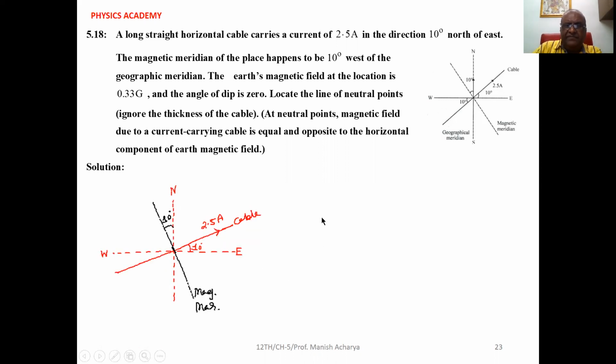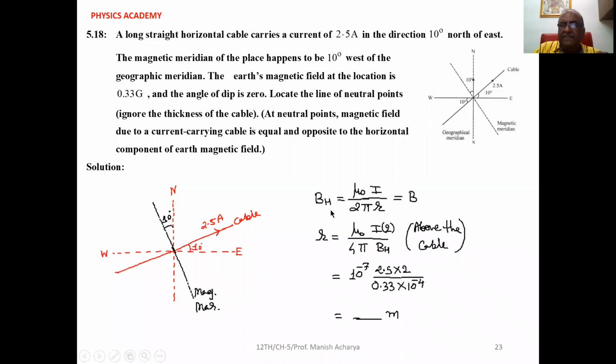Now see, we have to find the line of neutral points. So at neutral points, the magnetic field produced by this current carrying cable and the horizontal Earth's magnetic field both should be equal in magnitude, opposite in direction.